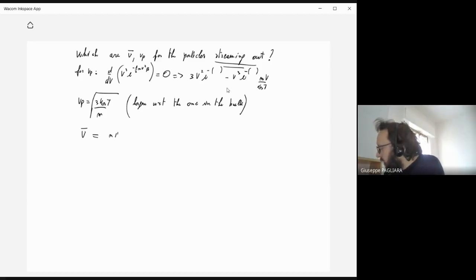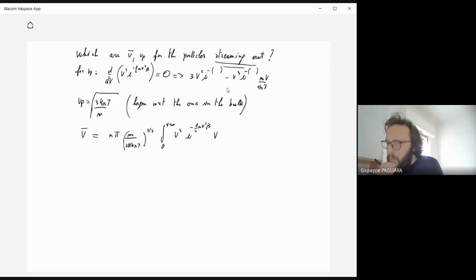I have to take the infinitesimal flux and integrate over V, and so I have this factor which was outside, 2 pi kBT to the power of 3/2, and the integral from 0 to plus infinity of, well, here I had V cubed, the exponential, and here I have to have another V if I want to compute an average, because this was the distribution.